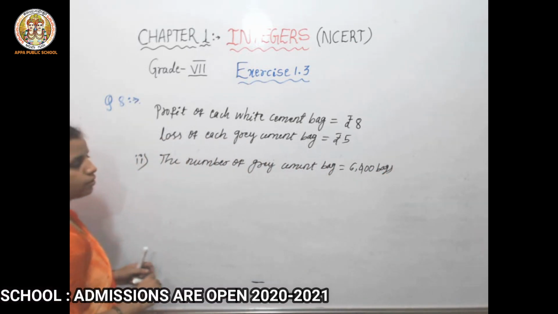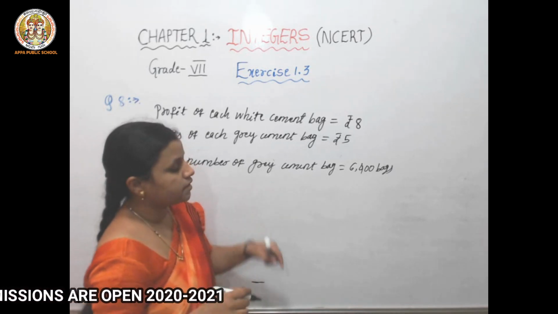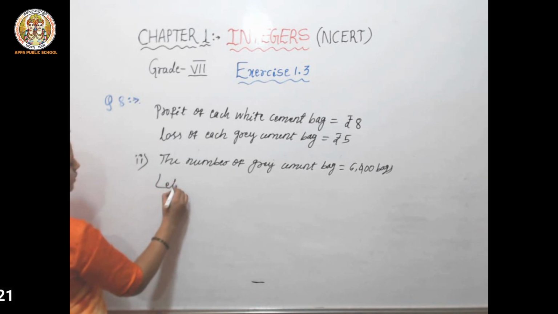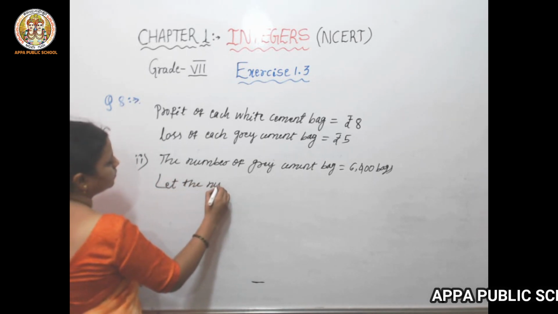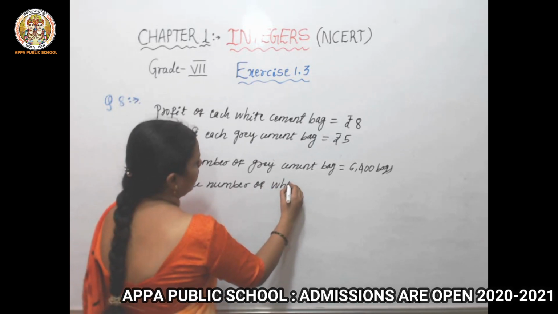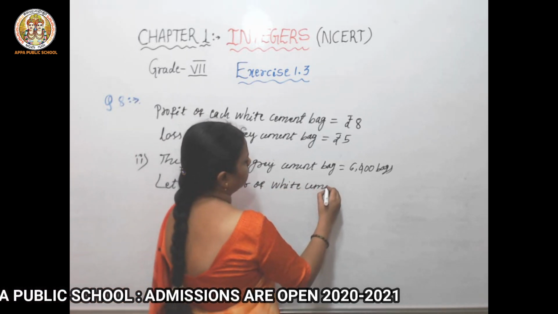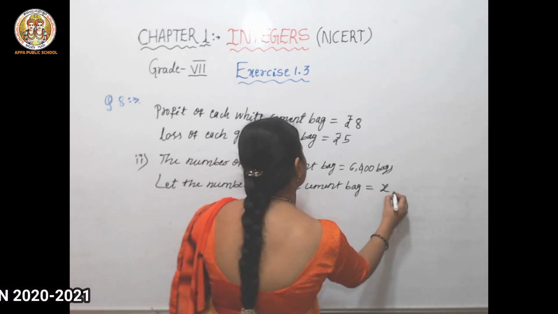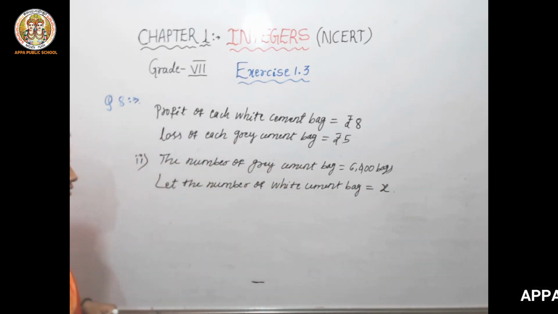We don't know the number of white cement bags, so that is the variable here. Let the number of white cement bags, the unknown, be x.